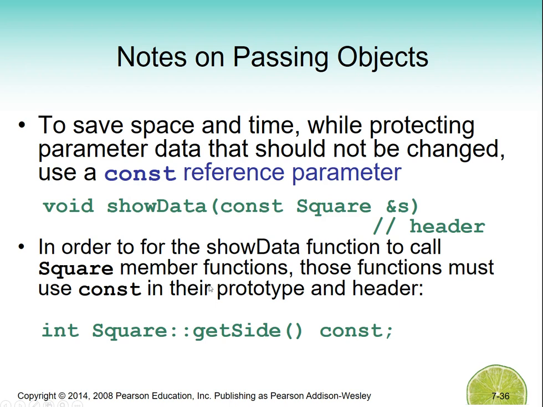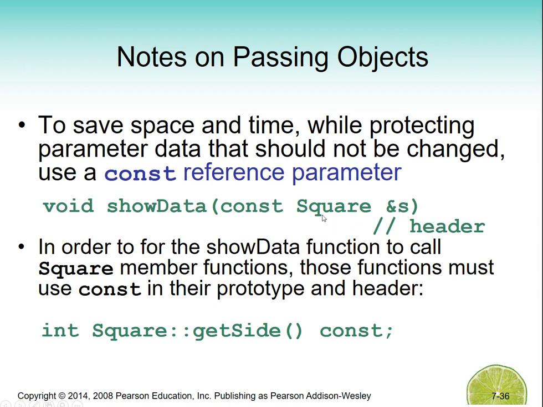What that means is, in front of the data type that we're passing, like Square, we're going to put a const specifier, and we have to use the ampersand to show that we're passing by reference. So we've got three things going on here.